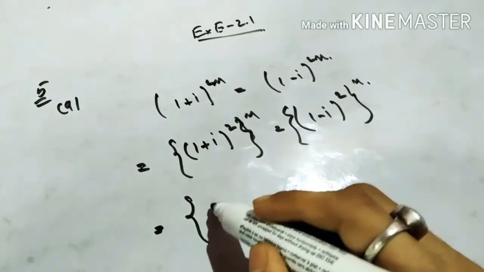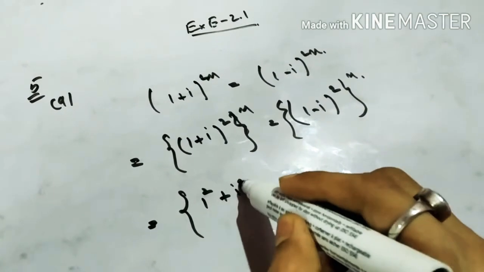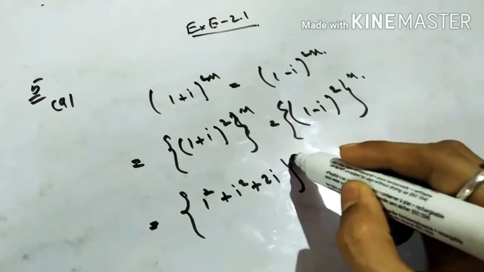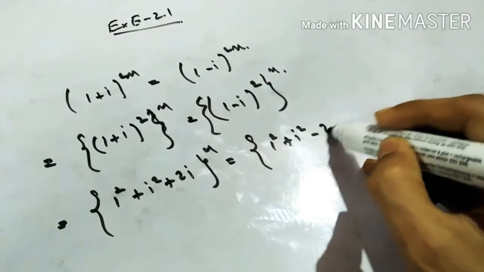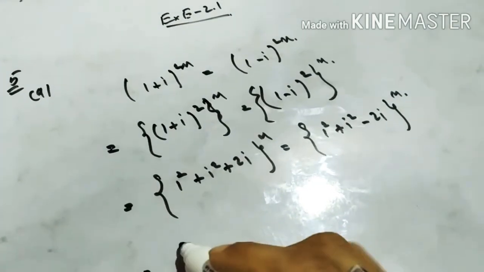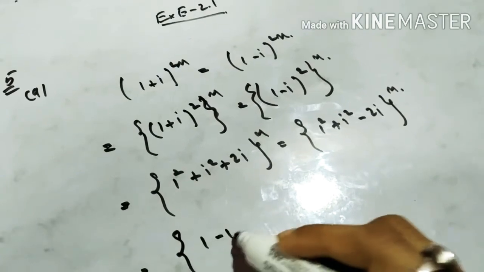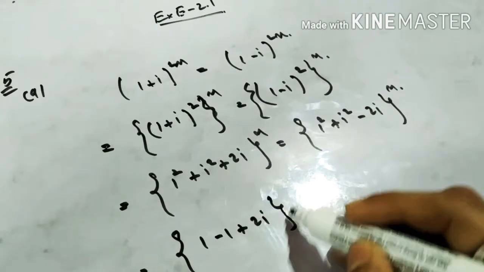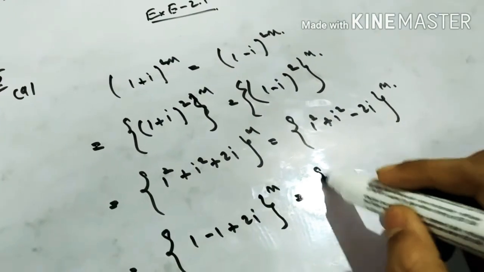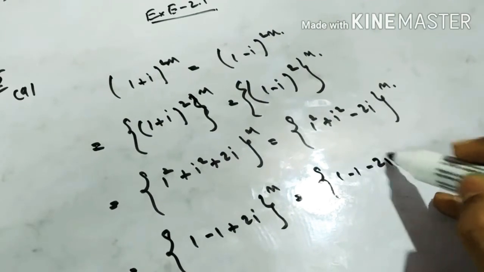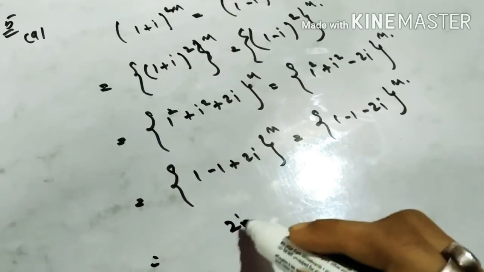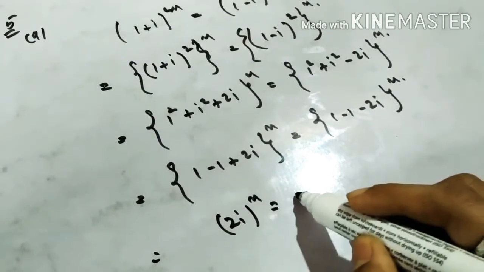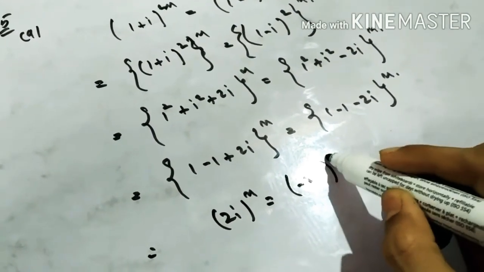So this, let's break it into formula. (1^2 plus i^2 plus twice i)^n is equal to (1^2 plus i^2 minus twice i)^n. So now I will get (1 minus 1 plus twice i)^n equal to (1 minus 1 minus twice i)^n. So (twice i)^n is equal to (minus twice i)^n.